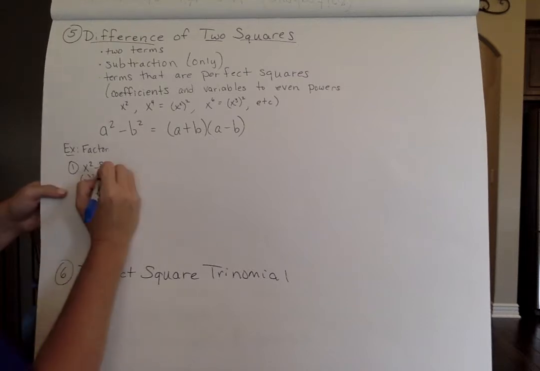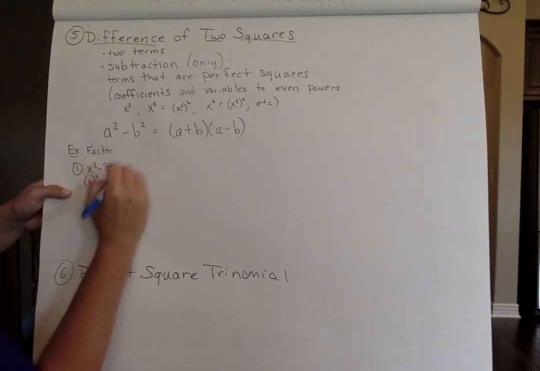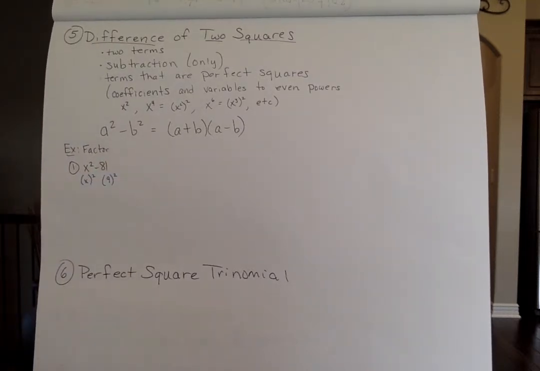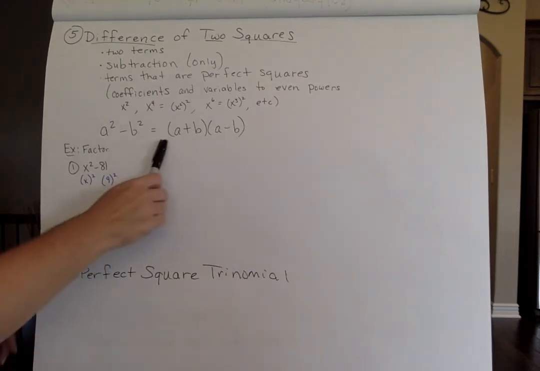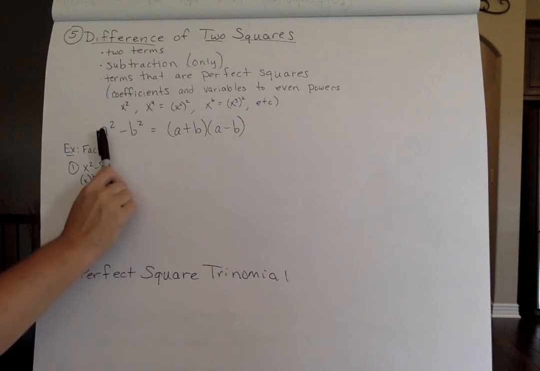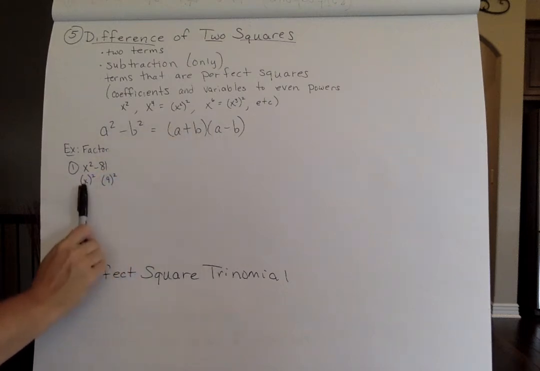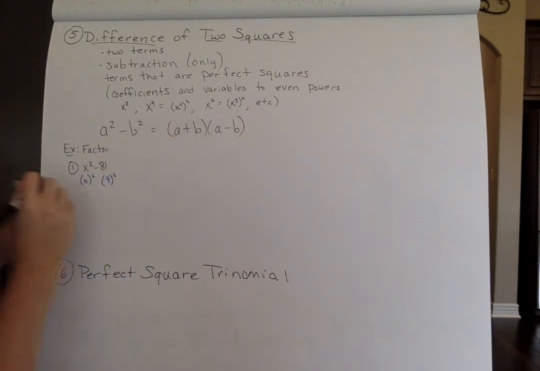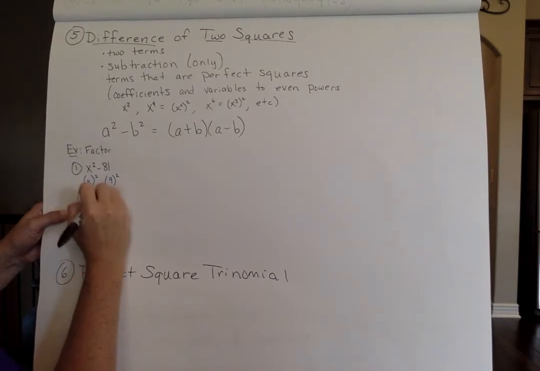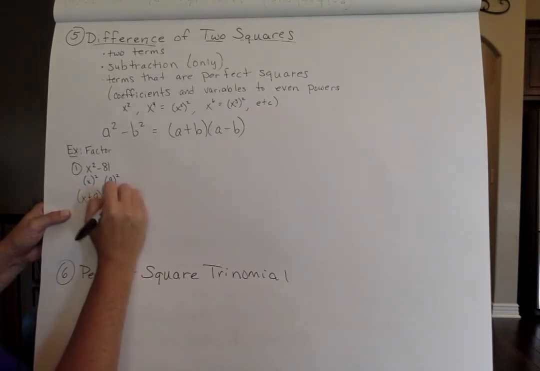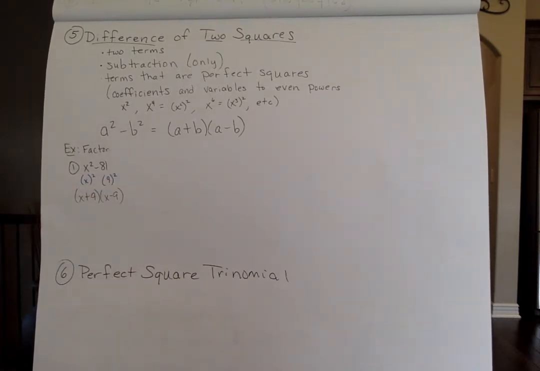X was squared. What was squared to make 81 is 9. So that I know when I fill in this pattern, instead of A and B, I'll be using x and 9. So this one is x plus 9 and x minus 9.